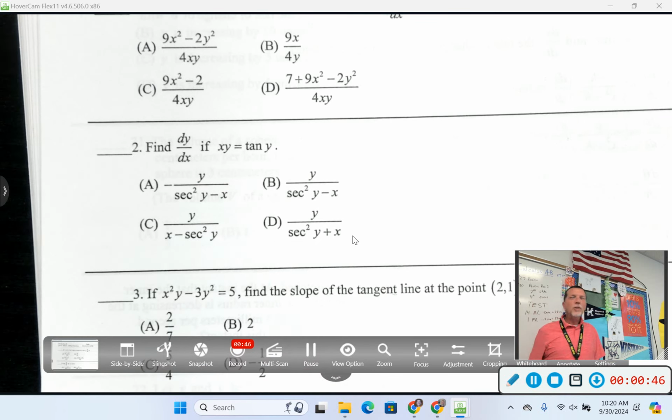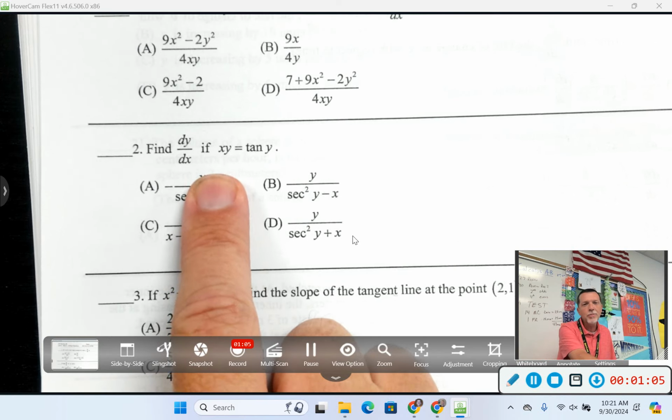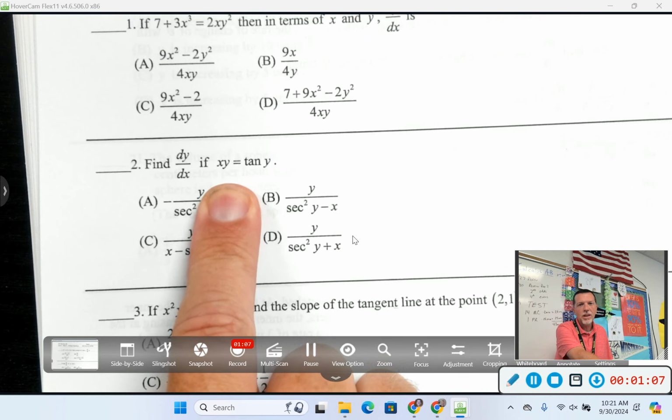So it's review, but it's review because we just keep building. In fact, more so this unit than most, because we didn't learn any new derivative rules this time. So in some ways, it's all review, because all the rules are rules that we've tested before. Now we're just combining the old rules with things like implicit, which is what this is going to be.